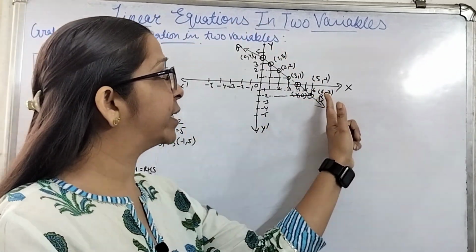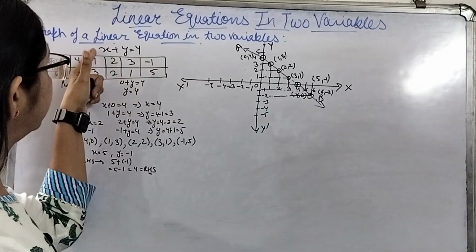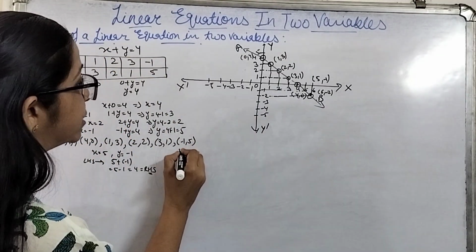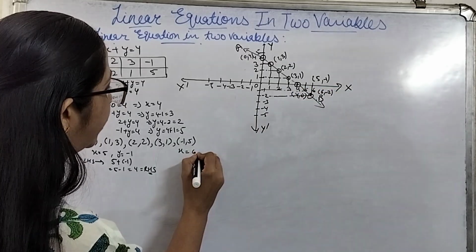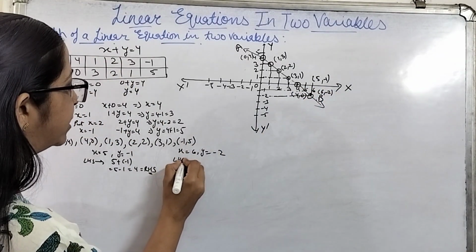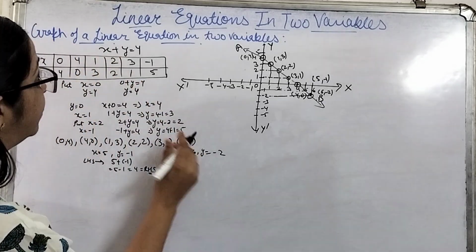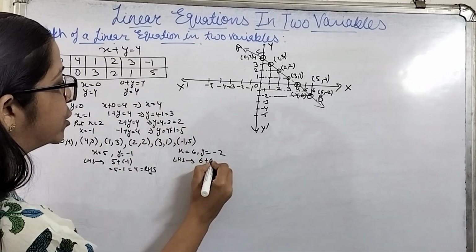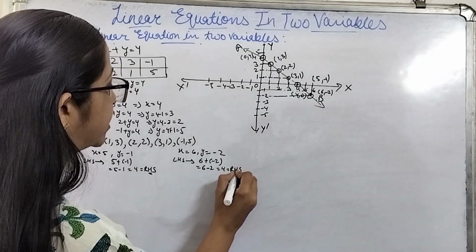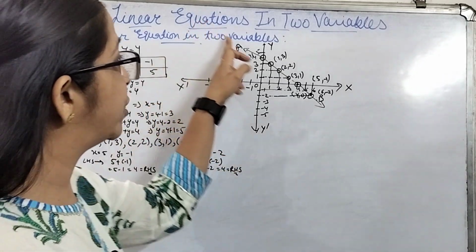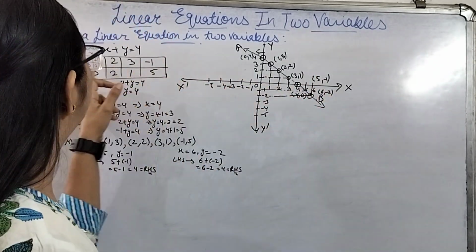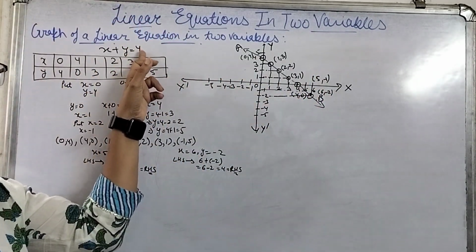Now if I check this point in this linear equation, x plus y is equivalent to 4, with x equal to 6 and y equal to -2, the LHS part becomes 6 minus 2, that is 4, and it is your RHS. That means every point which is coming on this line AB will be the solution of this equation, right?